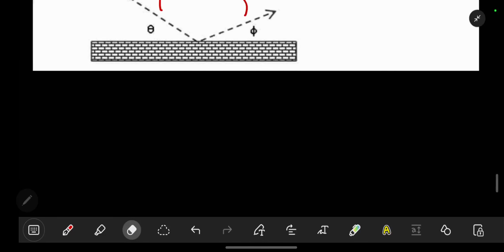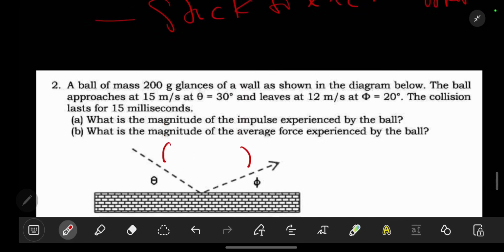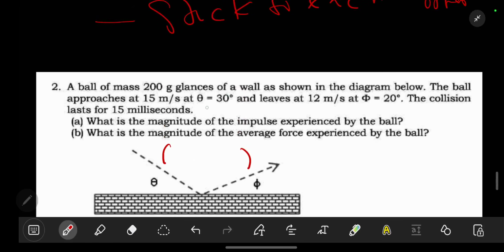We have the velocities when we resolve them. The initial velocity in the x, v_ix, should be equal to v cos theta. This is our initial, where it approaches at theta. Then this is our final angle, which is 20.